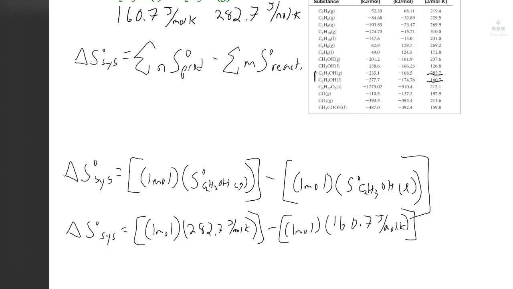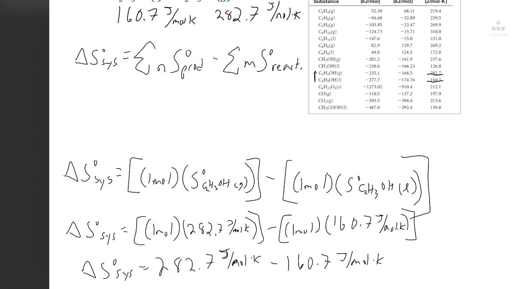Essentially what you end up with is delta S naught for the system equal to 282.7 joules per mole Kelvin minus 160.7 joules per mole Kelvin. Since we just have 1 mole on each side, you just have the two entropies subtracted from each other.